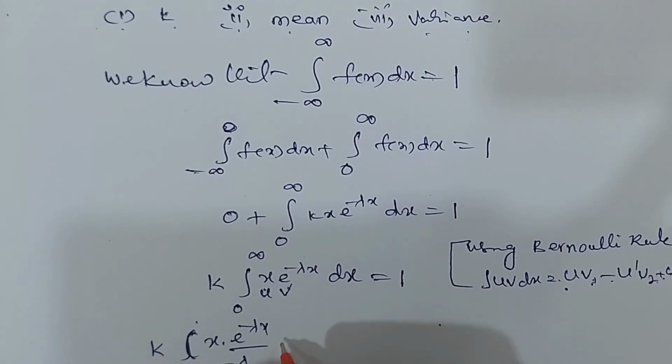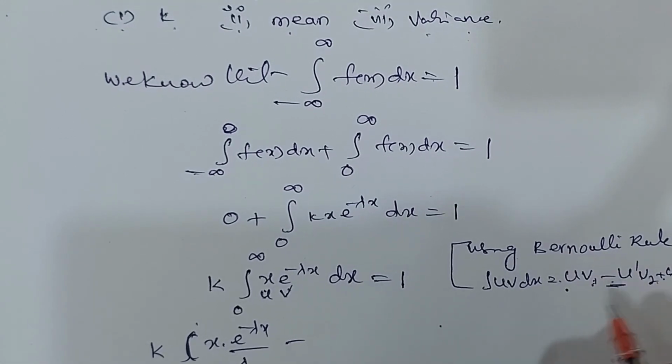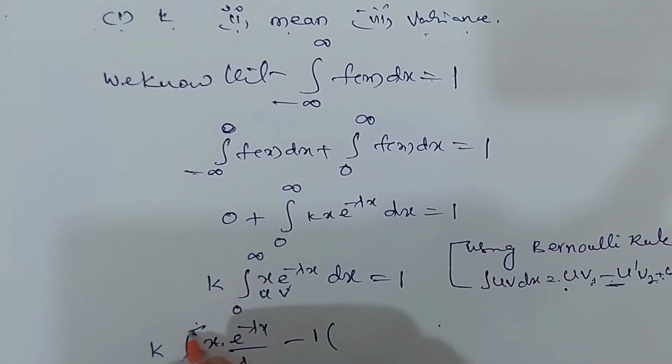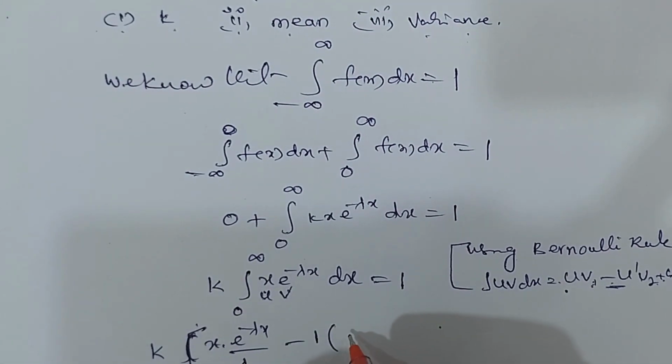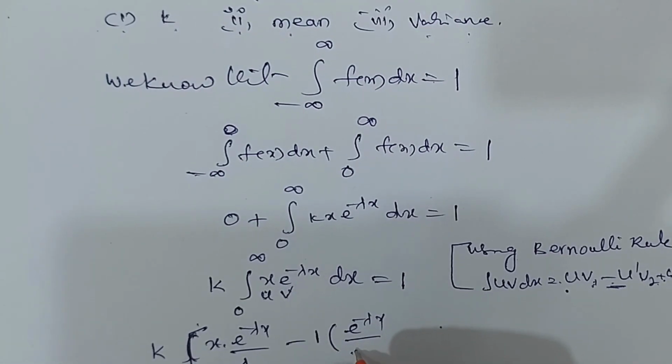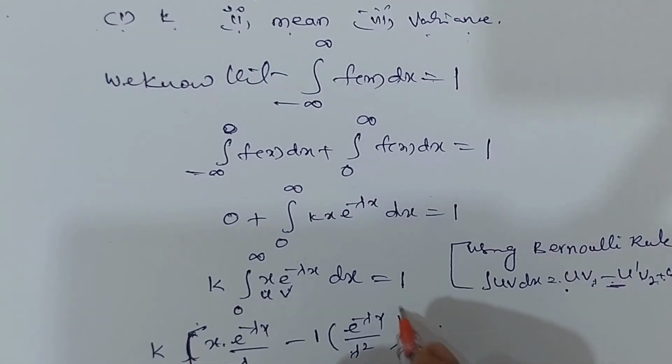Second, minus u dash, which is 1, into the integration of this value, which is e power minus lambda x by minus lambda into minus lambda, that means lambda square, is equal to 1.